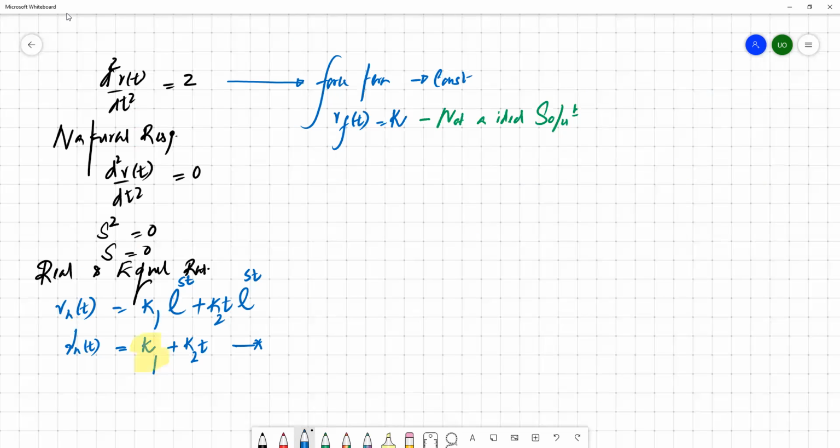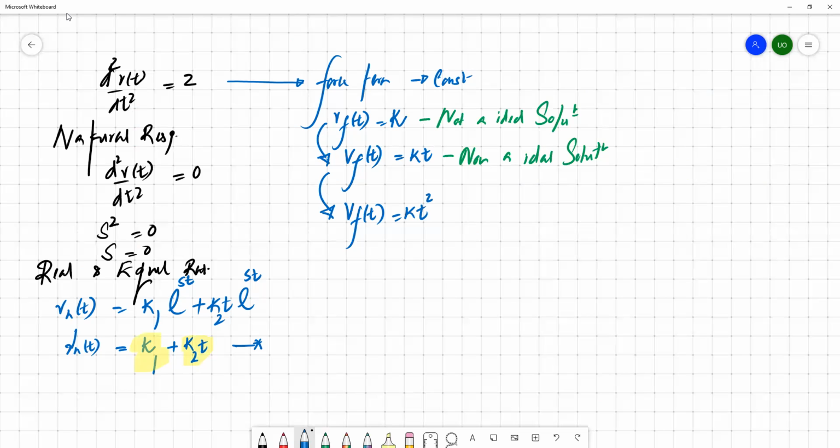Then we move to the next trial, kt. Once you check it with the natural response, again it is there in the set, so this is again not an ideal solution. Then we move to the next trial, kt squared. Once you check with the natural response, you can simply claim that it is not there, so this is the ideal solution.